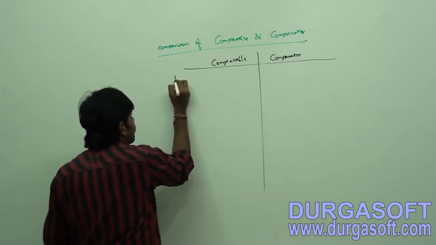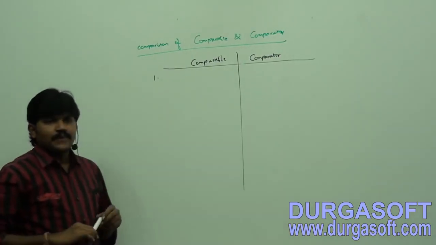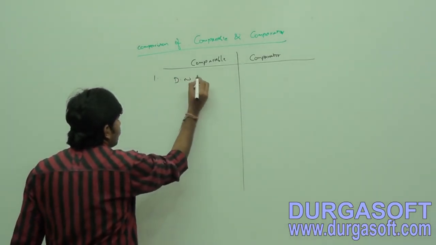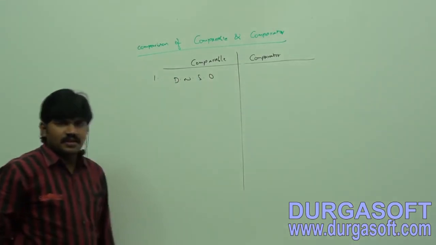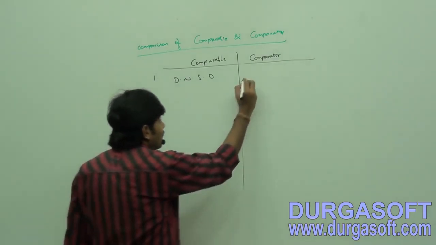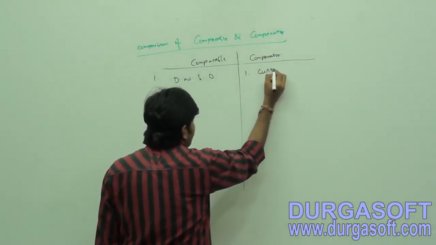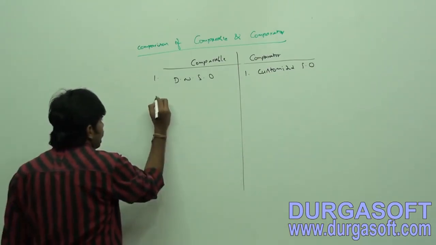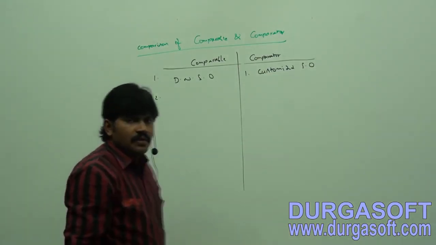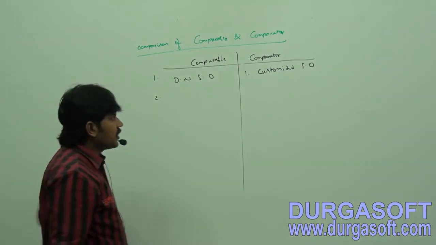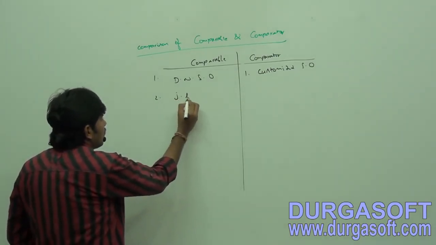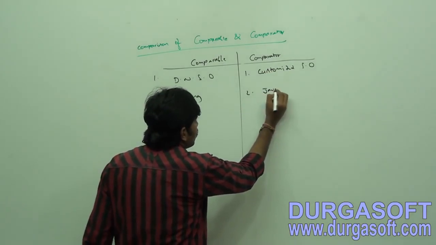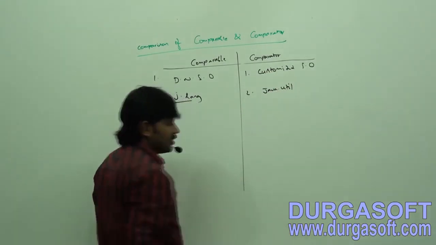Do you know comparable meant for? Comparable meant for default natural sorting order. First, comparator meant for customized sorting order. Okay, second, listen. Comparable present in which package? Java.lang package. Comparator present in Java.util package.